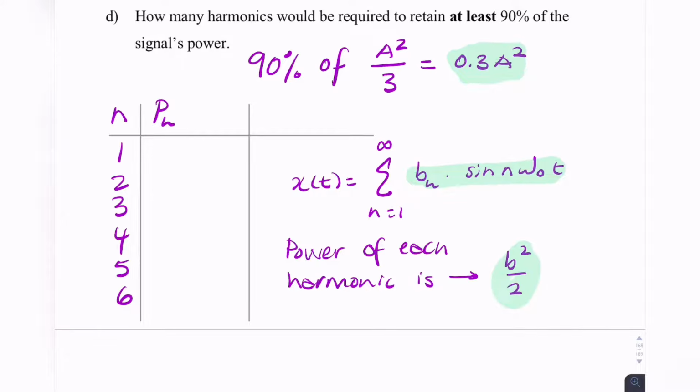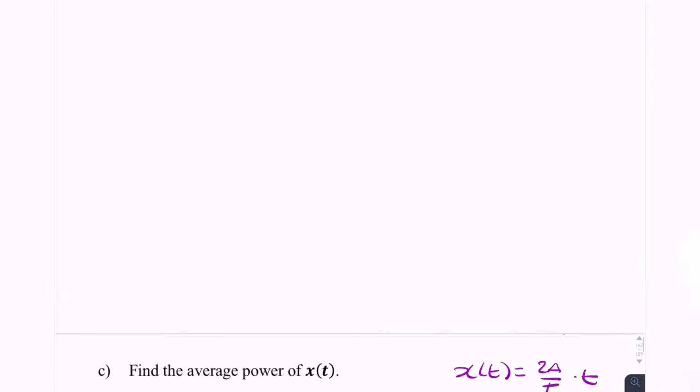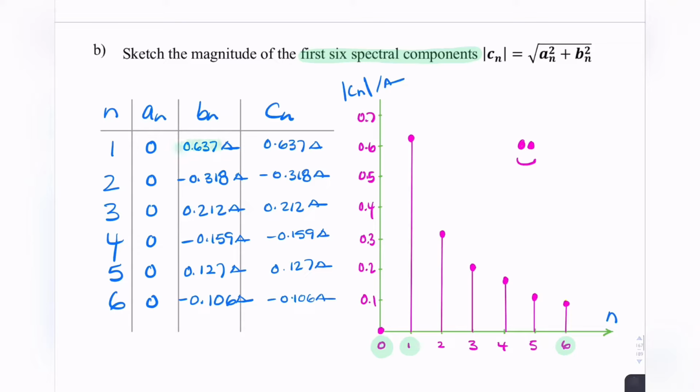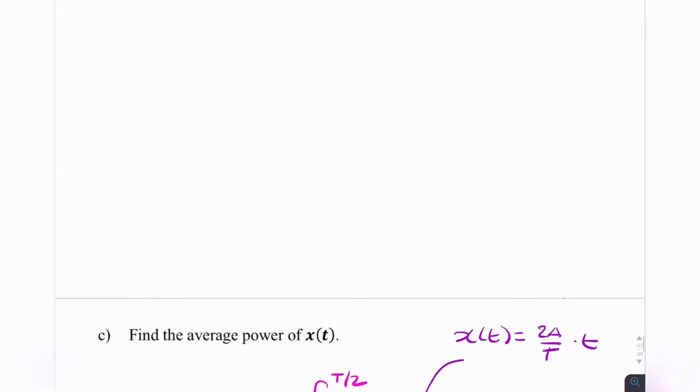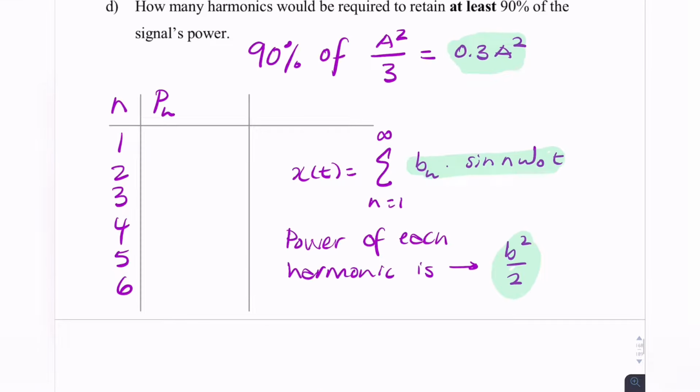So all we need to do is take the component b, which we found up here, each of these squared divided by 2. So here we'd have b1 squared over 2, b2 squared over 2, b3 squared over 2, etc.